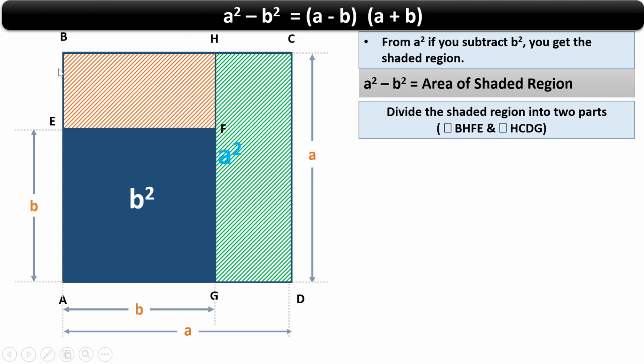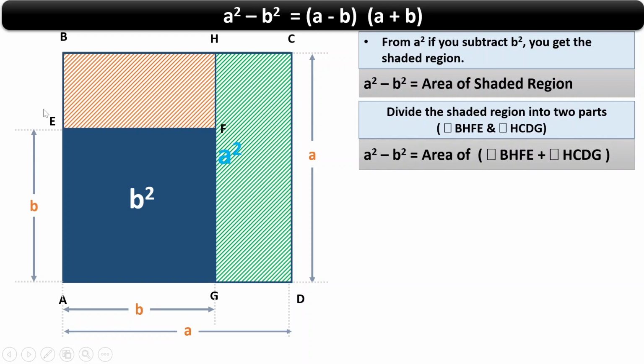So what is the entire length? DC is nothing but A. So DC is equal to AB. So this is A, meaning the entire side is A. But we know up to AE. Right? So take A and subtract B, you will get this B. Right?